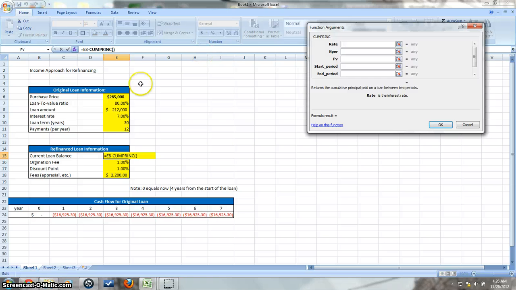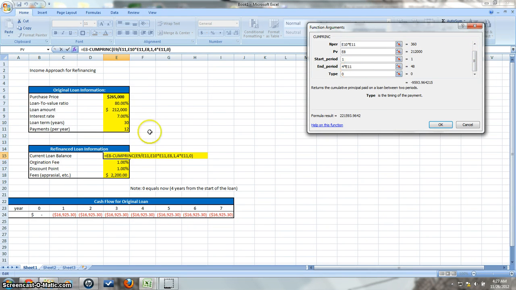I'm going to go ahead and do the formula: the rate divided by the number of payments per year, then the total number of payment periods, and present value, 212,000, and start to the end 4 times that number of payments, and the type 0.